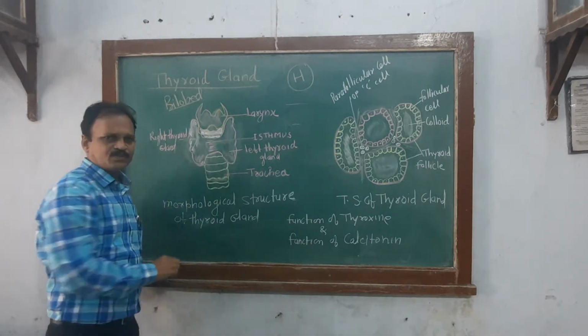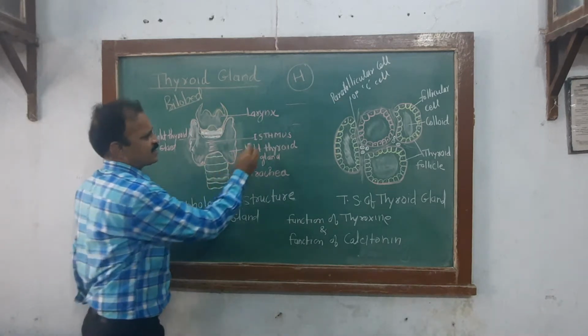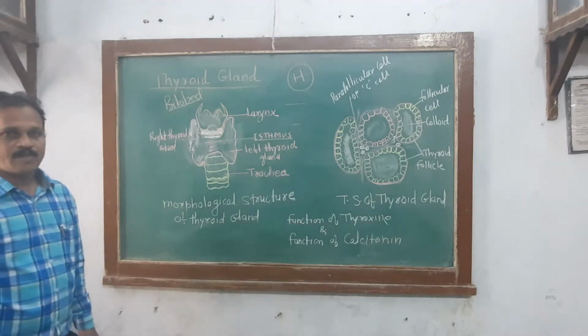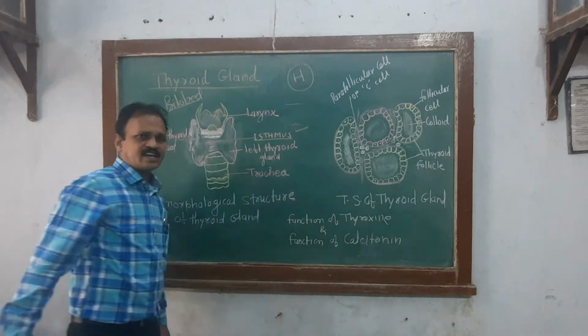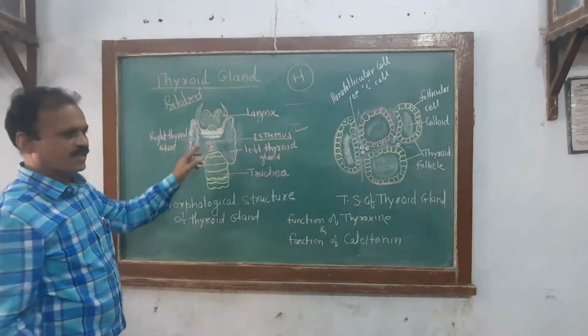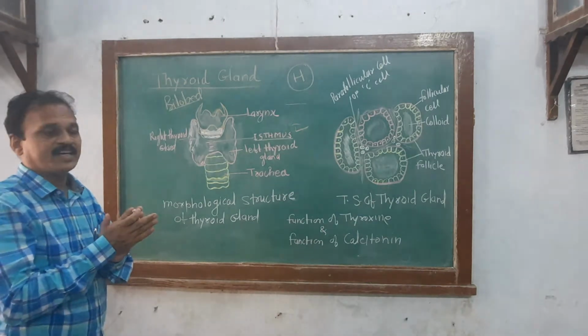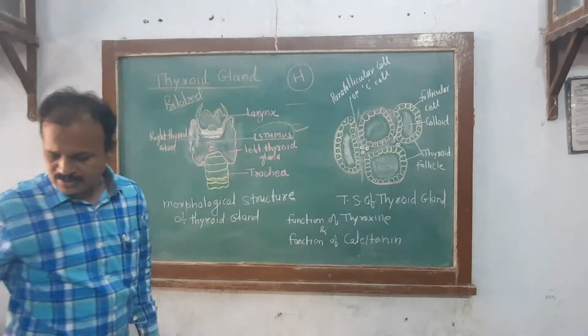Both are connected with each other by a thin strand of connective tissue called the isthmus. That you have to remember. What is the isthmus? It is a strand of connective tissue that connects both lobes with each other on either side of the trachea.